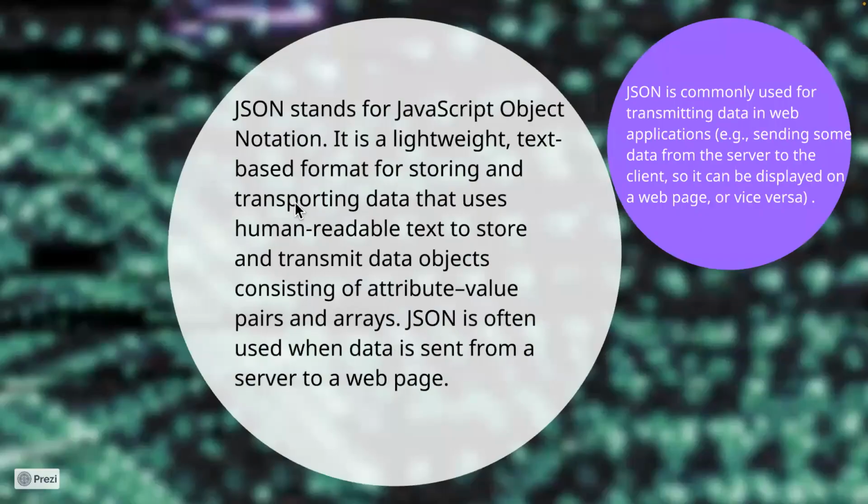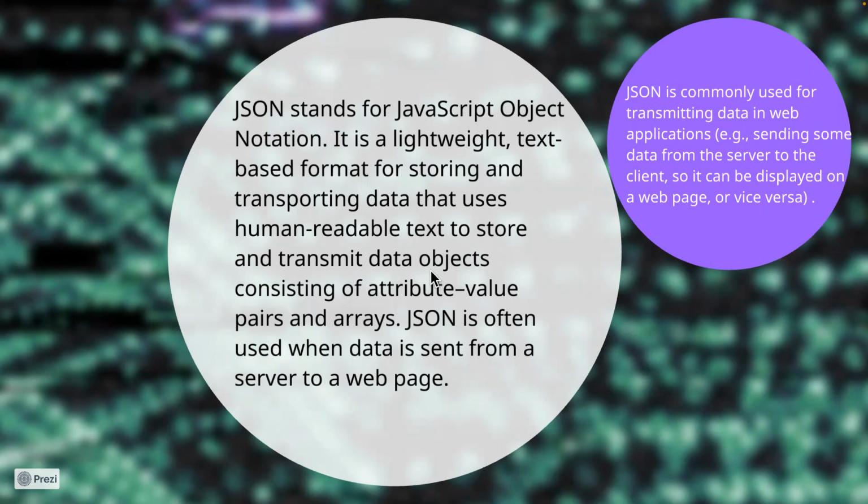Let's look a bit more into JSON because we're going to be using JSON with our API. So JSON stands for JavaScript Object Notation. It's a lightweight text-based format for storing and transporting data that uses human readable text to store and transmit data objects.